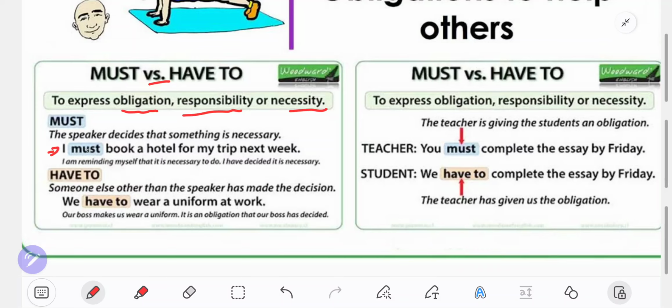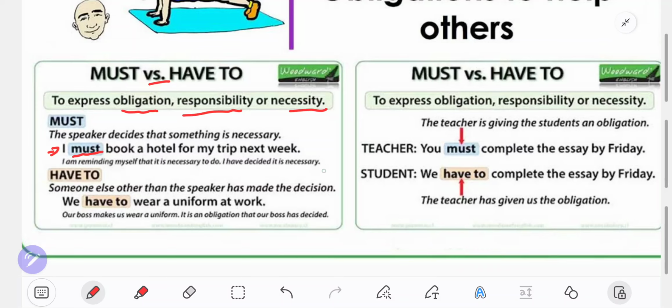For you and to you, you can use this word must. I'm reminding myself that it is necessary to do. I have decided it is necessary.